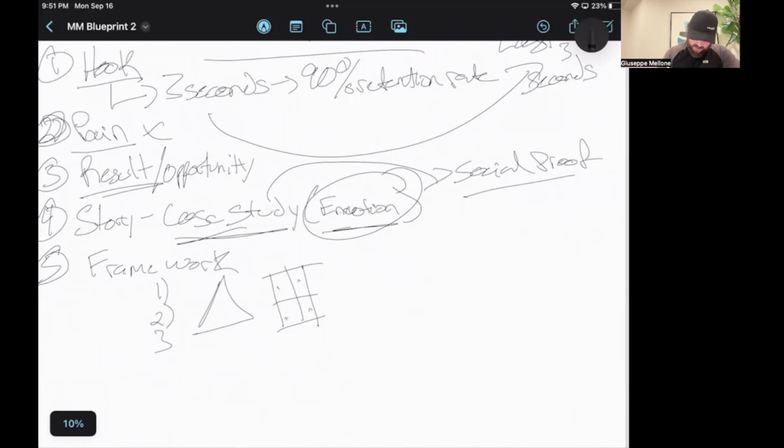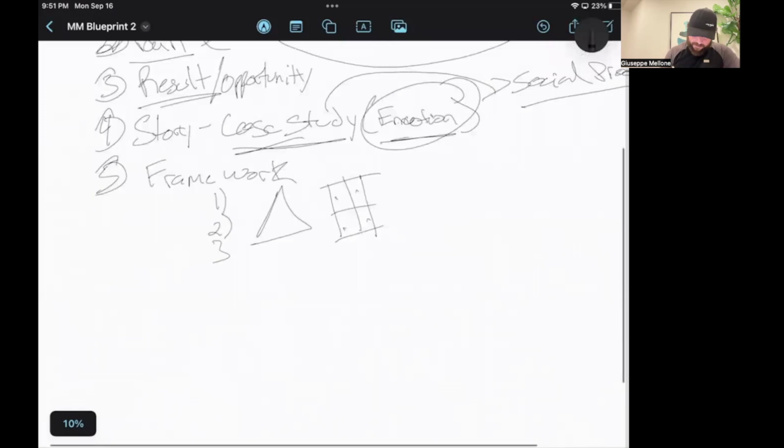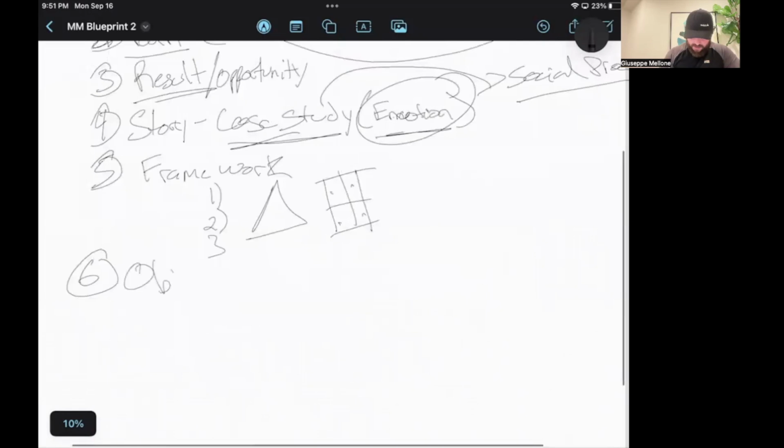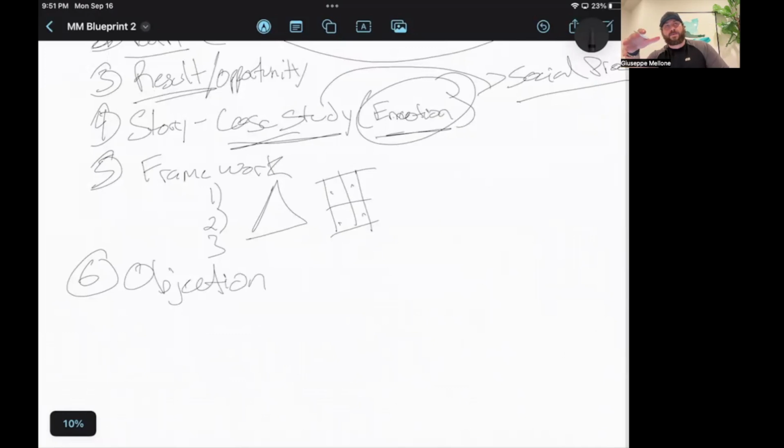Number 6, I'm actually going to move this up a little bit. Okay. Number 6 is going to be the objection. Think about the objections that you have gotten from potential prospects or potential ideal clients and identify those objections in the marketing, right?